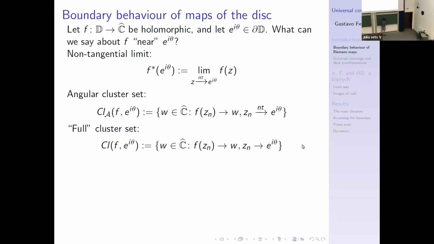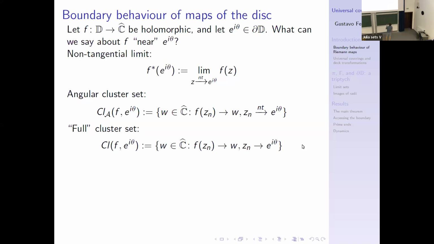If this is the unit circle and this is e to the i theta, a Stolz angle is a disk sector centered at e to the i theta, something like this. We're taking sequences that tend to e to the i theta inside such sectors, and that is what it means to tend non-tangentially.